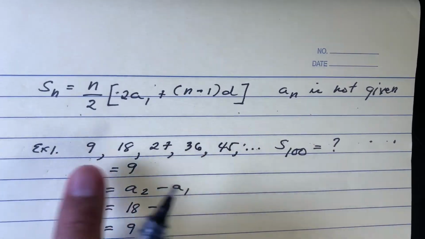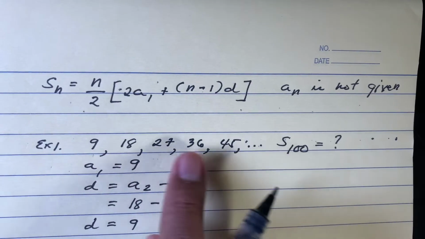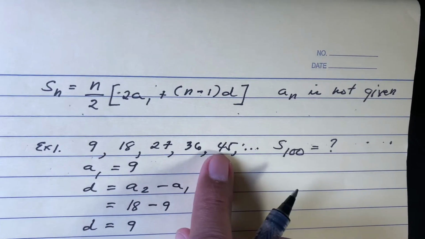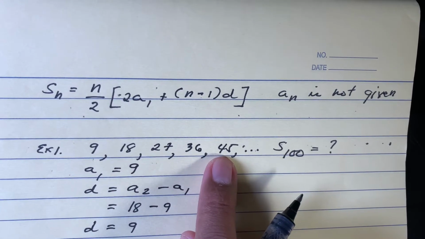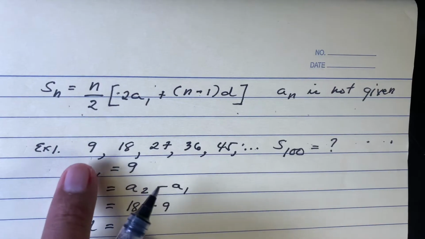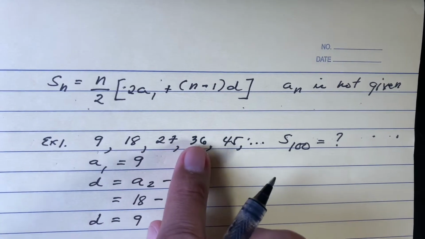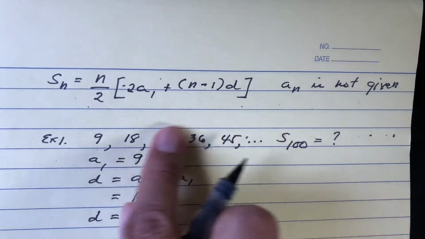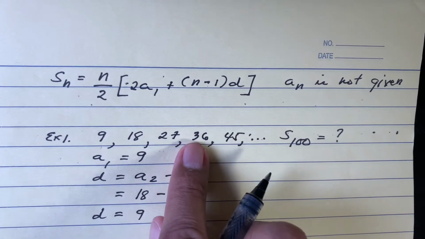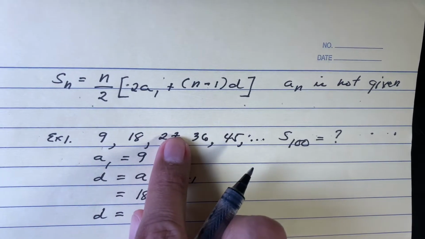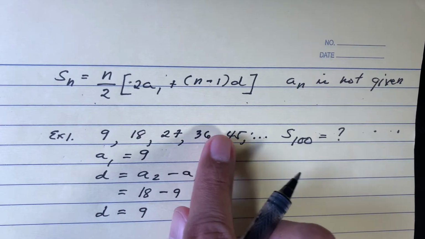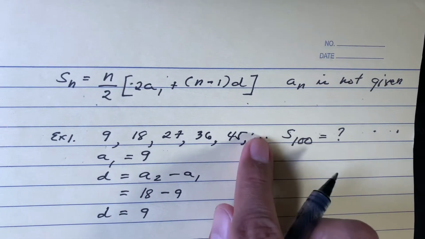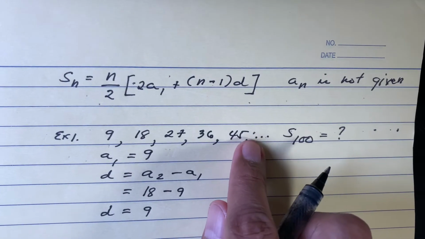In our example 1, our a sub 100 is not given because we only have the first 5 terms: a sub 1, a sub 2, a sub 3, a sub 4, a sub 5, and so on. To determine the arithmetic series using a sub 100, that would be another formula which will be discussed later on.